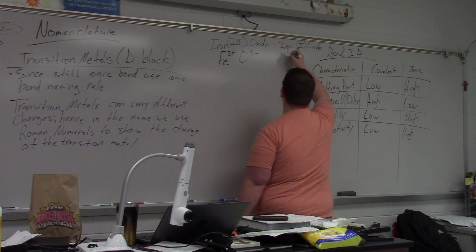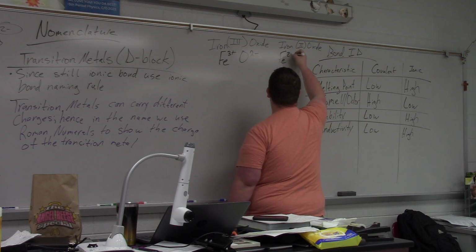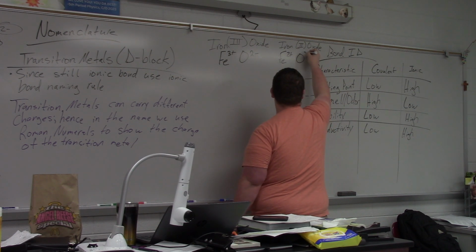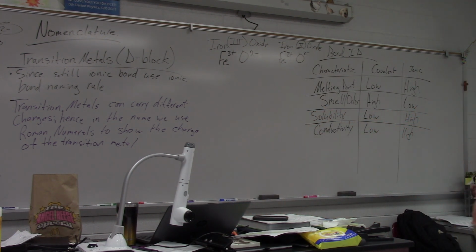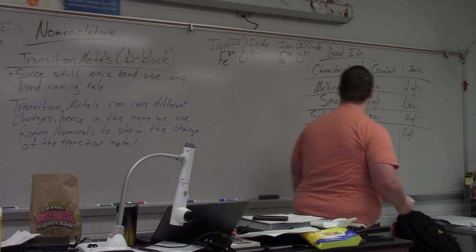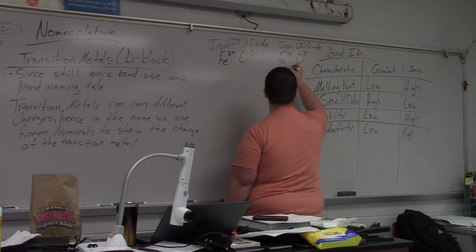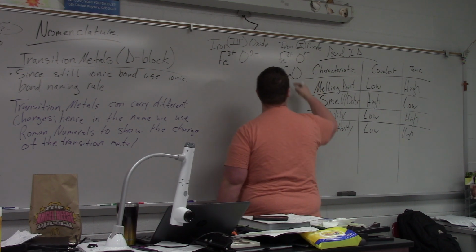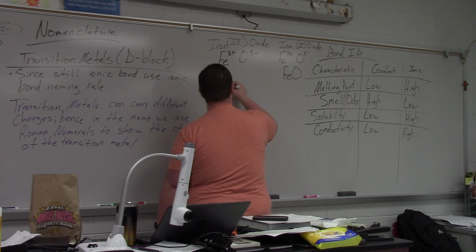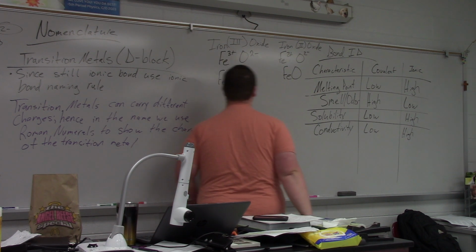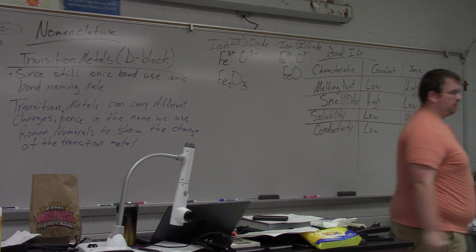But look here, iron 2: Fe 2 plus, oxide, O 2 minus. This is why you have to do this. The charge determines everything for us. Things get switched around. In this case, we have FeO, that's iron 2 oxide. But over here, we have Fe2O3, that's iron 3 oxide.